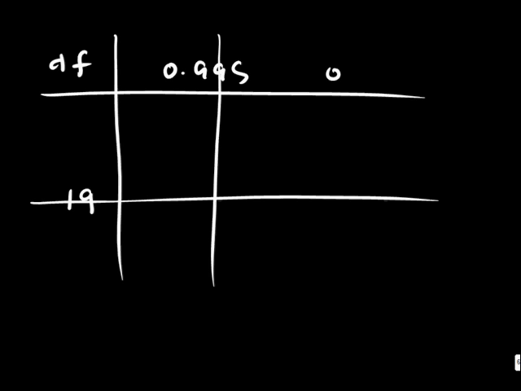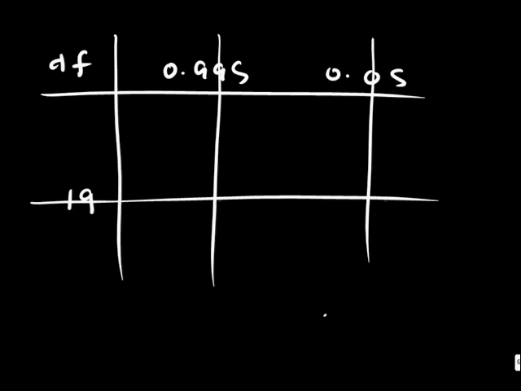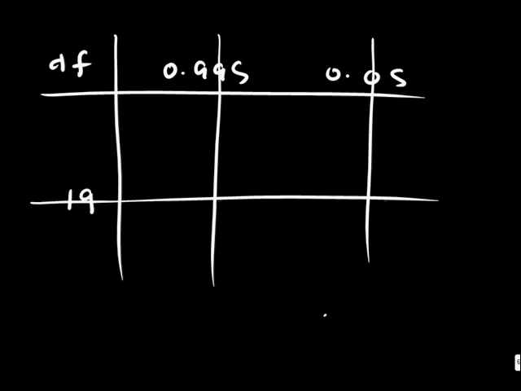The reason is if you use the chi-square table, you're always looking at the area to the right of a curve, so the area to the right of this chi-square value is 0.5%, which is 0.005. So the area to the right of that first chi-square value, which is chi-square R, is found in the 19th row, 0.005 column, and you find 30.144. This is your chi-square R value.